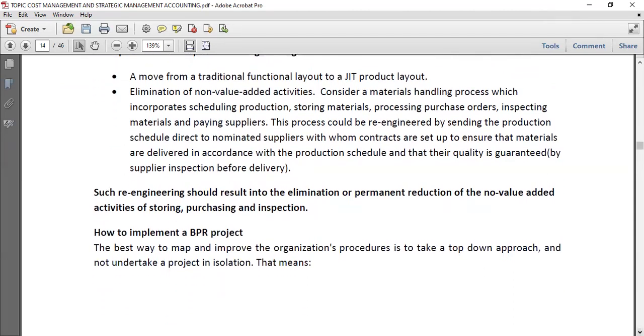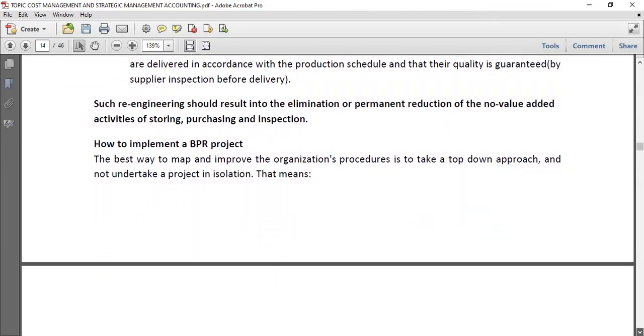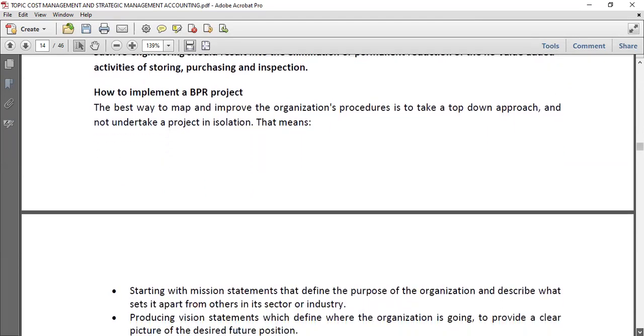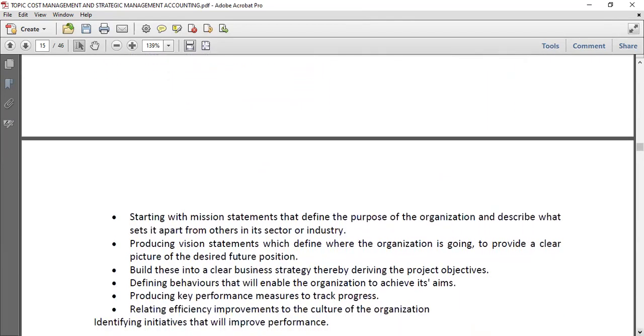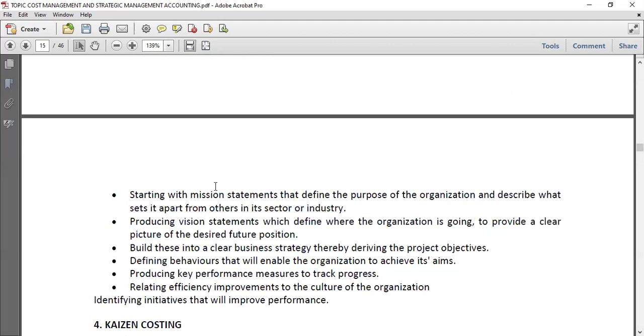So we go ahead to also give you how to implement the BPR, the business process re-engineering project, okay? As you can see, basically we start with the mission statement. We basically start internally. What is the purpose of the organization, and what sets us apart from the other players in the industry?